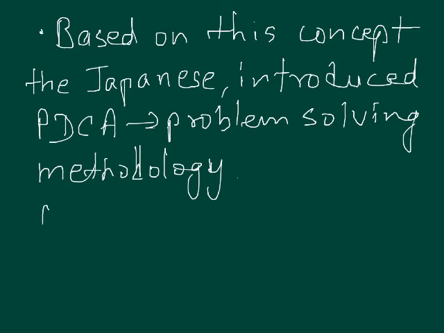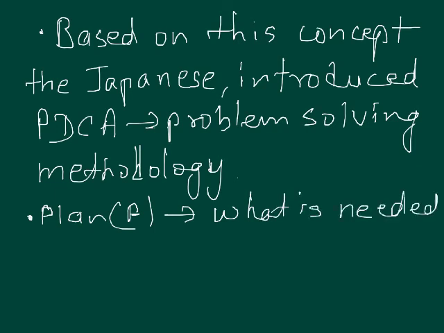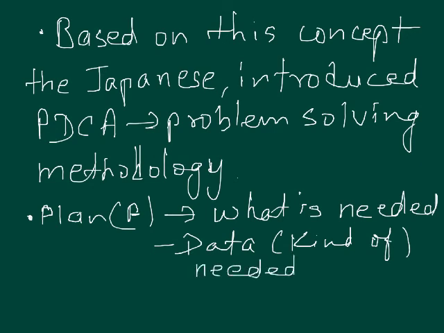And basically what P stands for is plan, and in this case you decide what is needed, what kind of data is needed, and based on that, D is basically do.